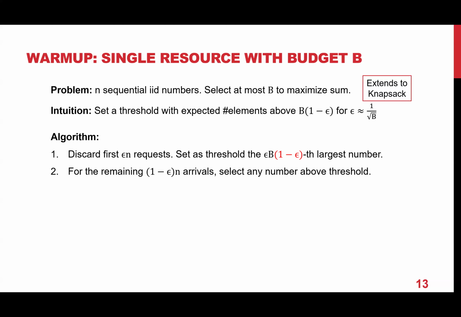Out of B optimum elements, roughly epsilon B of the optimum elements will land in this first epsilon fraction. So I'm going to set the threshold to be roughly the epsilon Bth largest element in the first epsilon n elements, up to this 1 minus epsilon factor. That's my threshold. For the remaining 1 minus epsilon n arrivals, I'll just select anything which is above this threshold. That's the algorithm.